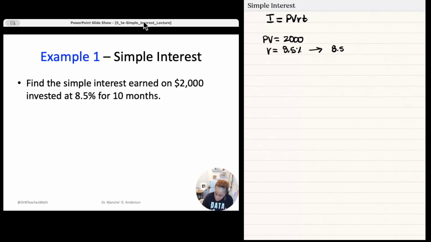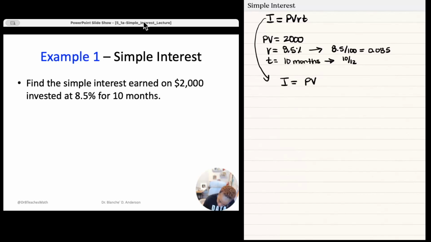Remember, to take a percentage and convert to a decimal, all you have to do is divide by 100, okay? And so you should get 0.085, and then our time, they said, was 10 months. Now, when you're working with time, you want to make sure that you represent your time in years. So there's 12 months in a year. So when I write this, I'm going to write it as 10 out of 12 when I get it into the actual formula.